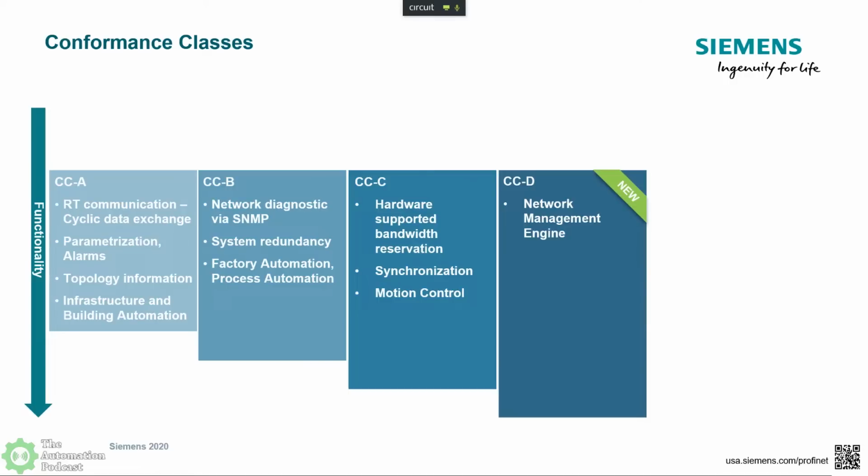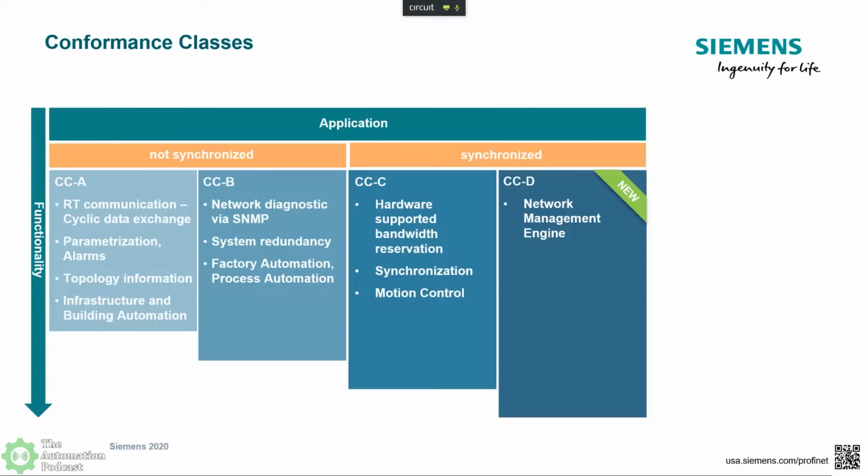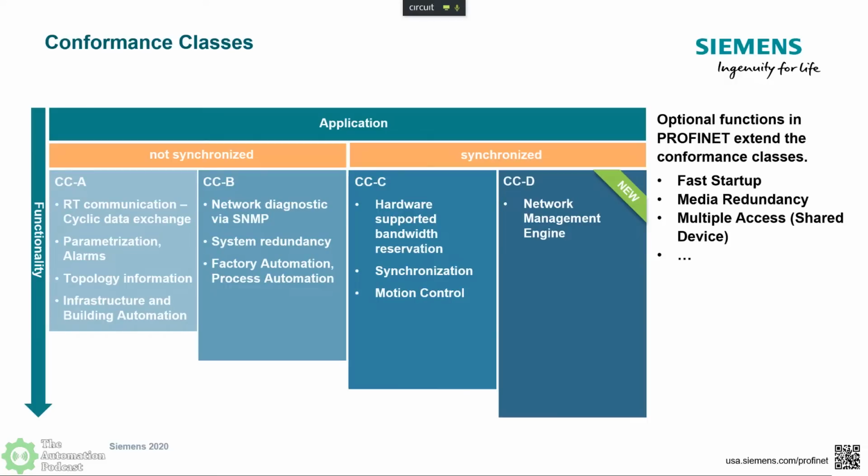And those conformance class D devices have a network management engine integrated. So conformance class A and conformance class B devices, on the left side, are not synchronized with the application, whereas conformance class C and conformance class D are synchronized with the applications.